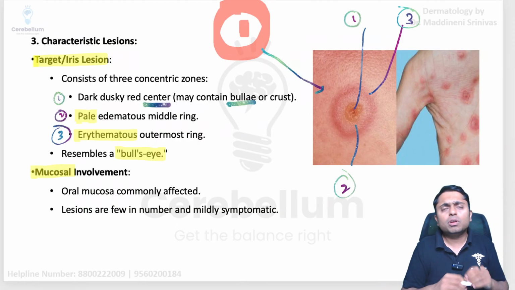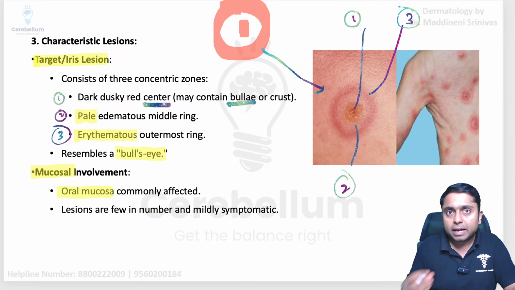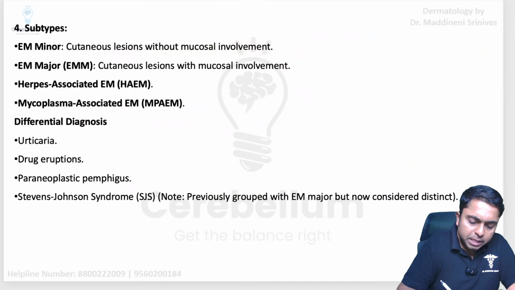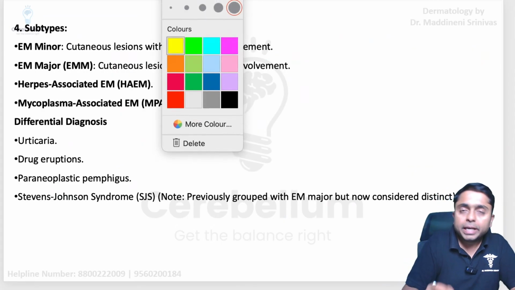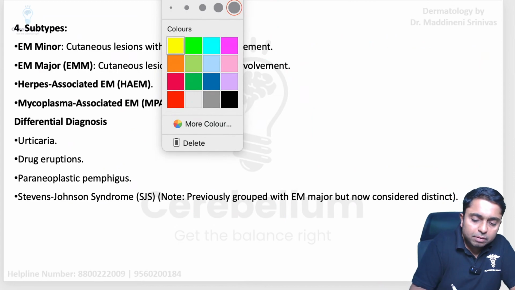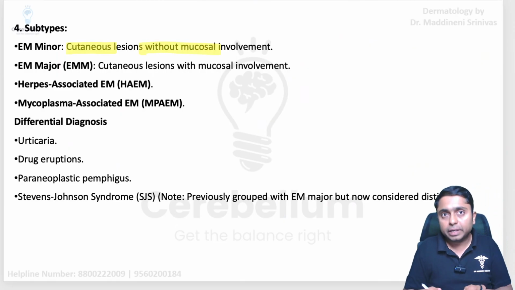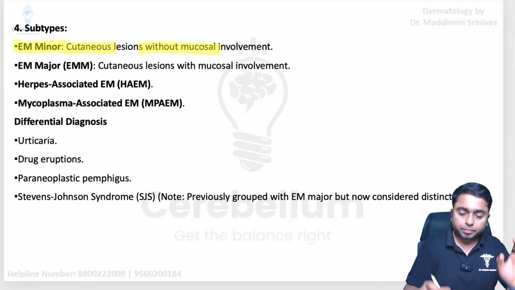Coming to mucosal involvement, very interesting things are there here. Oral mucosa is commonly affected. Remember, there can be mild symptoms like, for example, pain. Depending upon this mucosal involvement, we have certain subtypes. What are those? Cutaneous lesions without any mucosal involvement, we call erythema multiforme minor, EM minor.